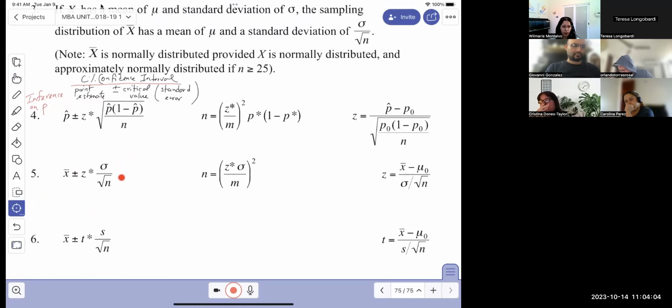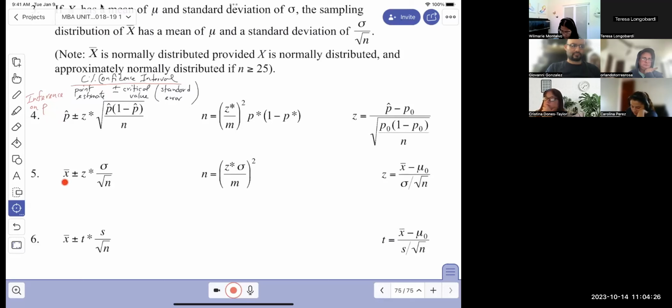What are we estimating here? P hat is an unbiased estimator of P because in repeated samples, the mean of the P hats is P. That's what the theory showed us.